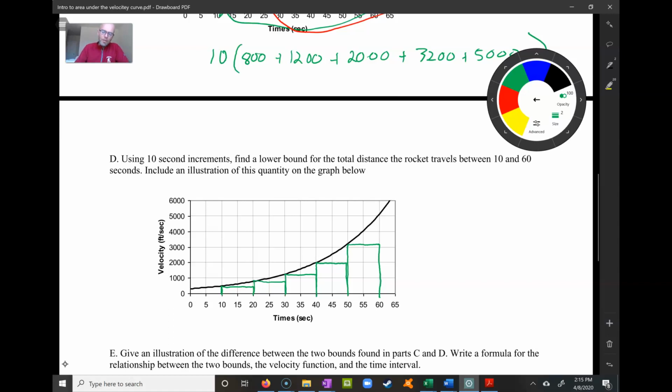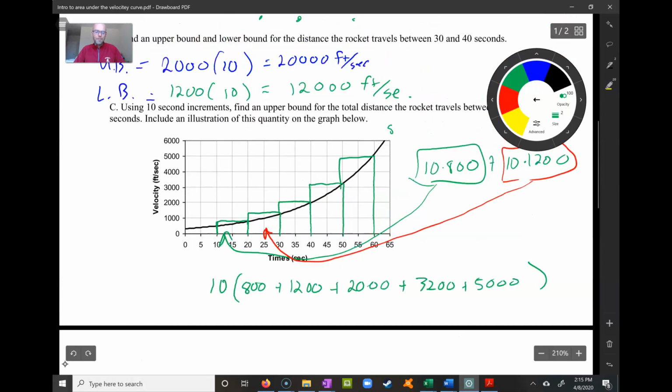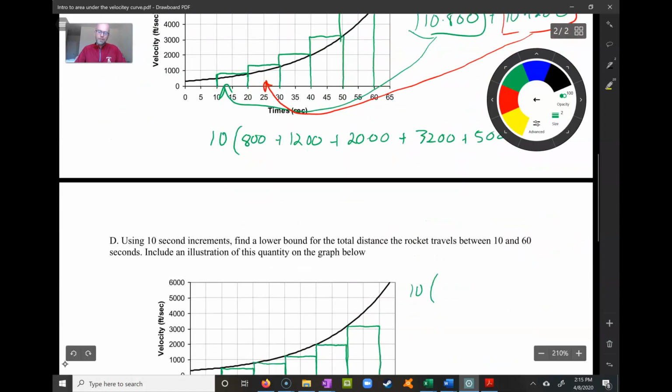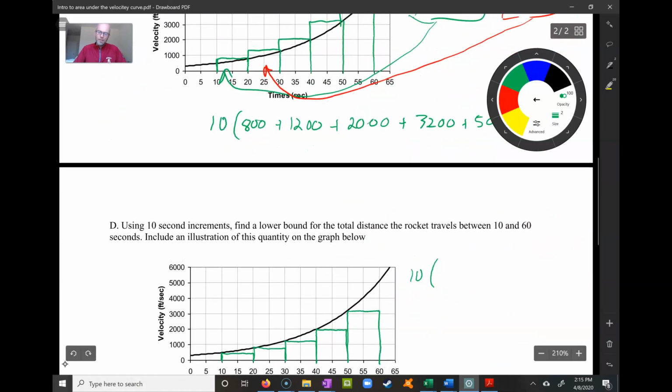So once again, the widths are still 10, but this time I'm using the left side. So that'd be 500, 800, 1200, 2000, and 3200. So I'd have a 500 plus 800 plus 2000 plus 3200.